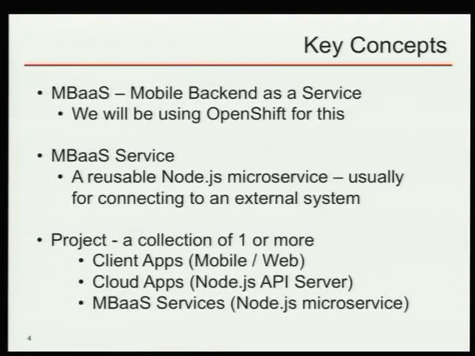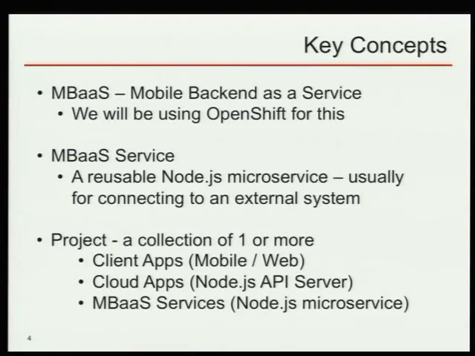Another concept that we'll be touching on is what we call an MBaaS service. And this is a reusable piece of functionality within our platform. All of the backend systems are developed in Node.js. And the MBaaS service is a reusable microservice for encapsulating a specific piece of functionality that you might want to use again and again in different mobile projects or solutions.